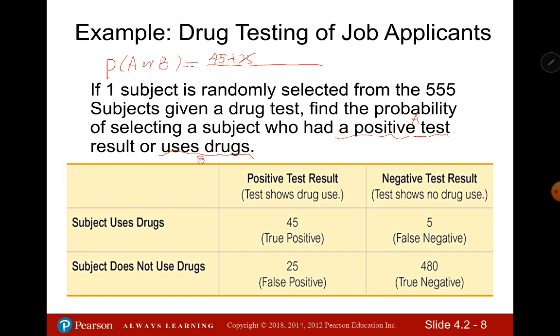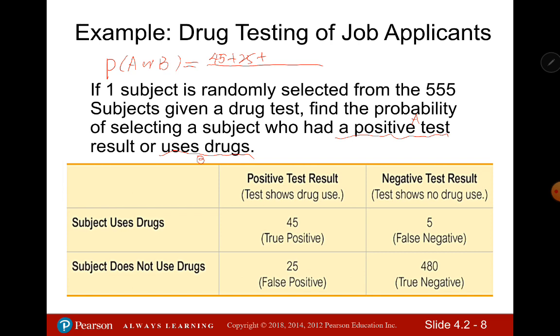And plus event B, uses drugs. So we check the first row here. How many use drugs? We get 45 and 5. They both use drugs. So 45 plus 5 people use drugs.